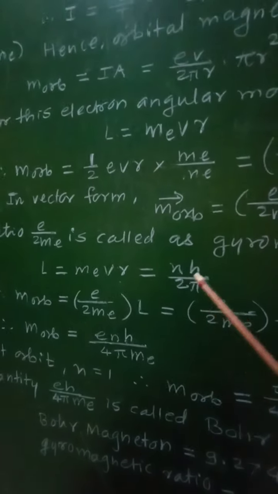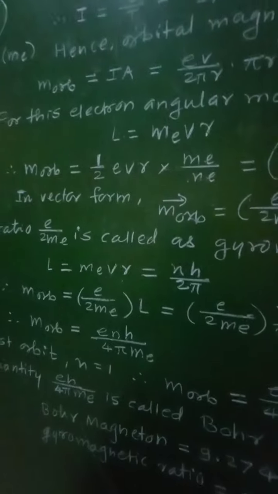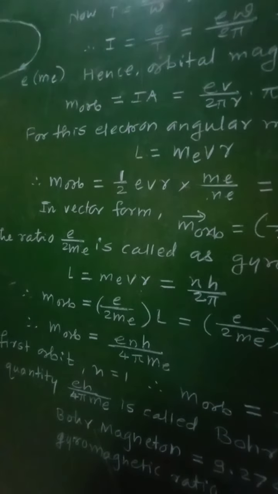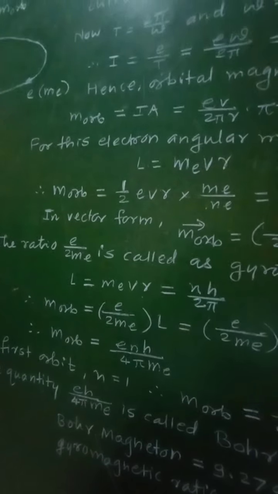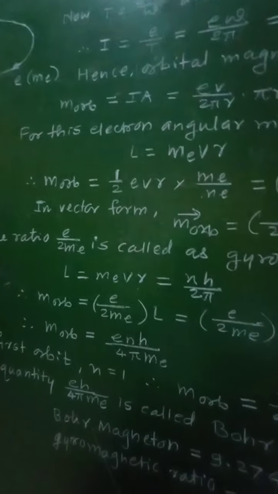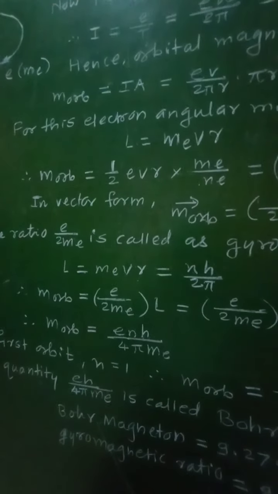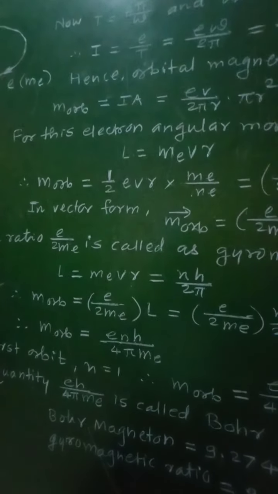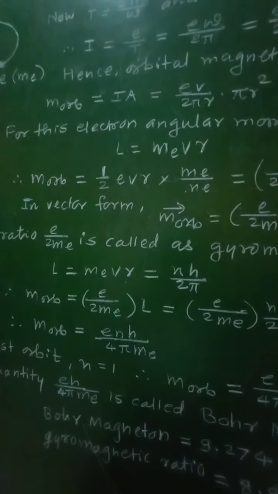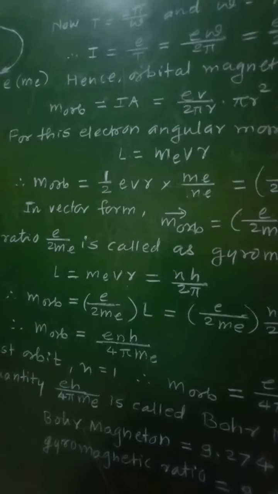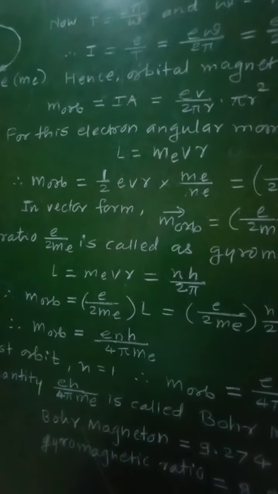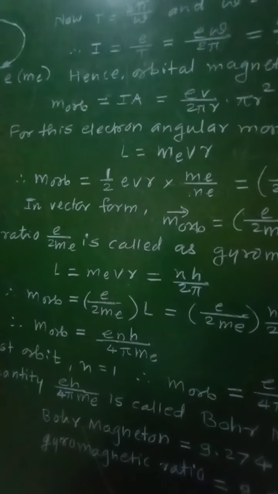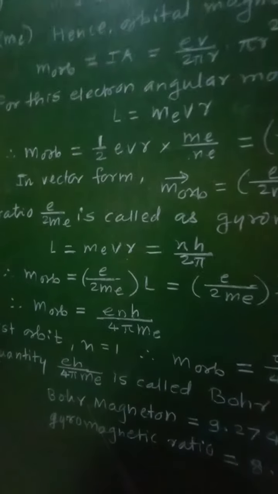L is equal to m_e v r, that is equal to nh upon 2 pi. Now how does it come? In this case we have to use Bohr's theory of hydrogen atom. According to Bohr's theory, for a revolving electron in a circular orbit, the angular momentum of the electron is an integral multiple of h upon 2 pi, where h is Planck's constant.